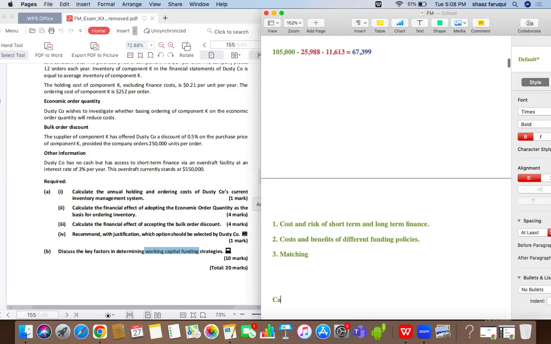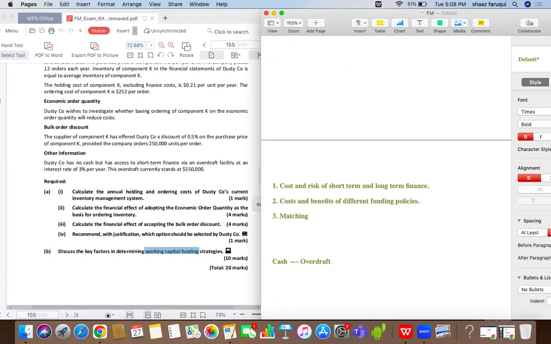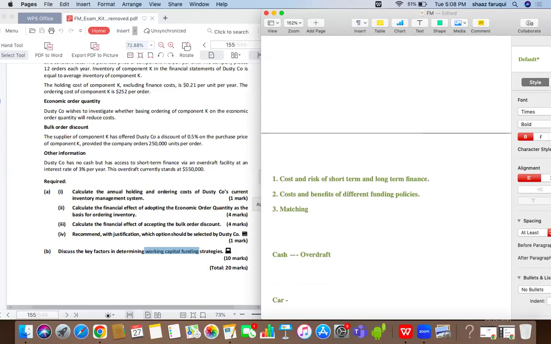I want immediate cash, for example, so I can use a bank overdraft. But to buy a non-current asset like a car, using an overdraft is pathetic. You need to match short-term assets to short-term financing and long-term non-current assets to long-term funding. This is known as the matching principle, and it is also something you need to bear in mind.